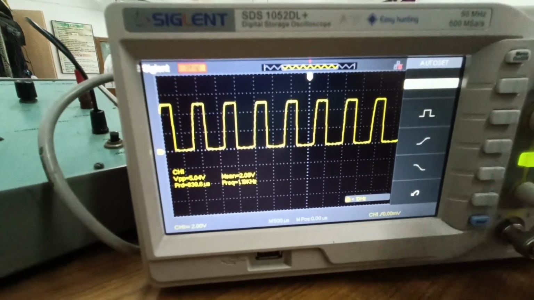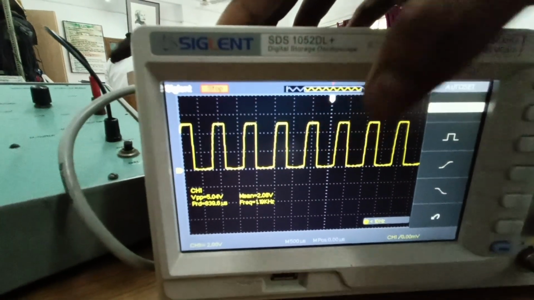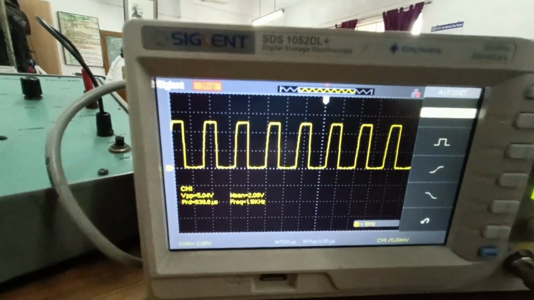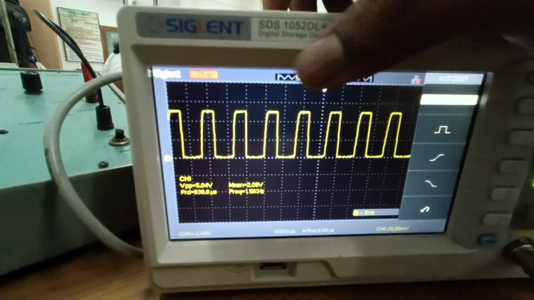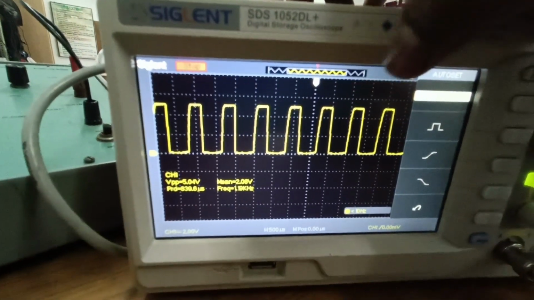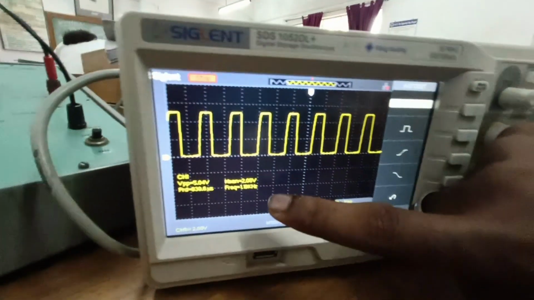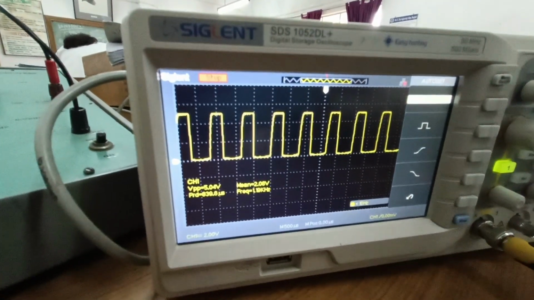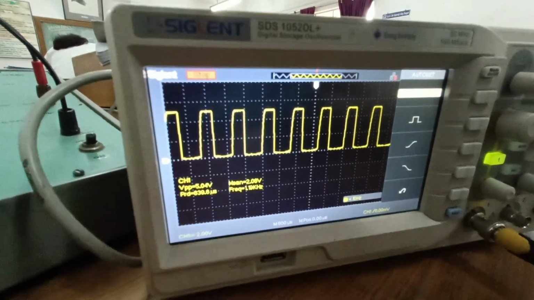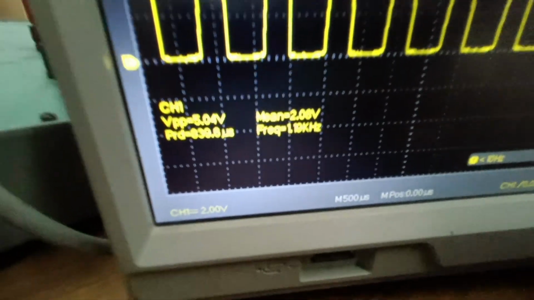See, it is changed a little bit because of the connections and the circuits. We are getting the approximate original message signal. You can see the frequency here, 1.19 kilohertz.